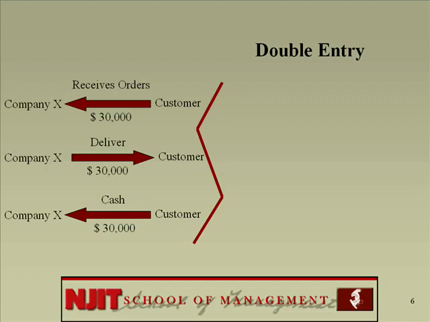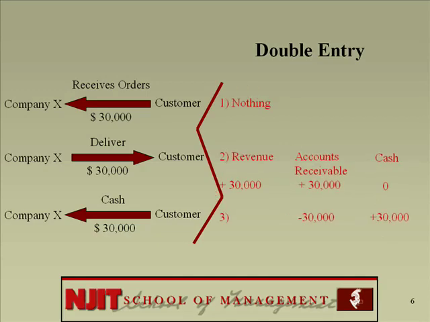What's the double entry when we go to the next step, when delivery is made to the customer? When a company delivers, I just told you they got revenue, so revenue goes up 30,000. The customer owes you money, so accounts receivable goes up 30,000. So the double impact is revenue plus 30,000, accounts receivable plus 30,000.